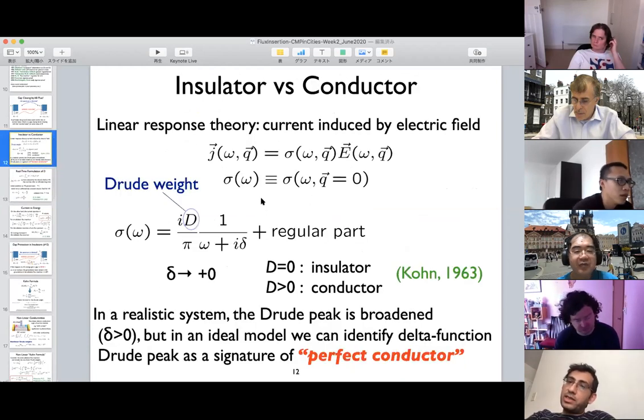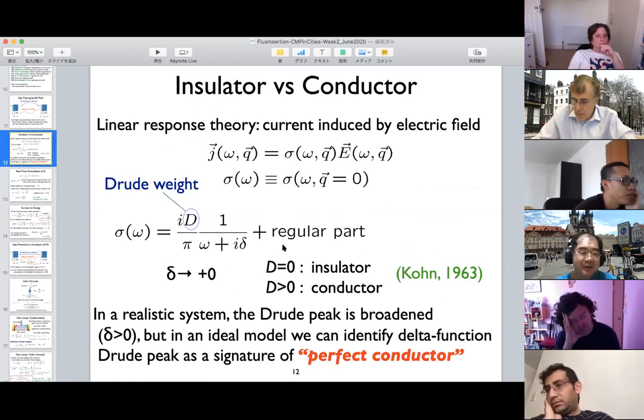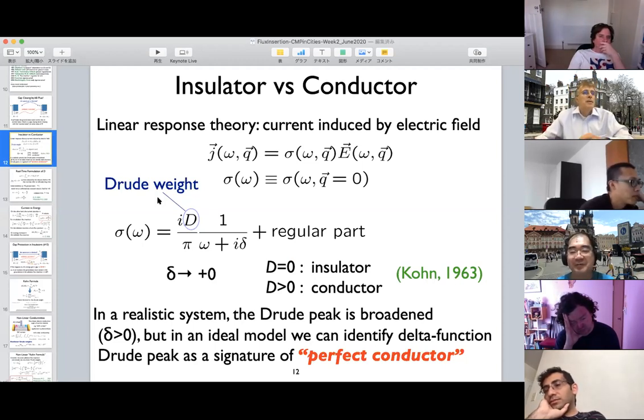In this analysis, we are thinking about a very idealized model like a Hubbard model or something, which has Drude weight with delta equal to infinitesimal. But as you say, in realistic systems, there must be some finite delta and also finite relaxation to the new equilibrium.